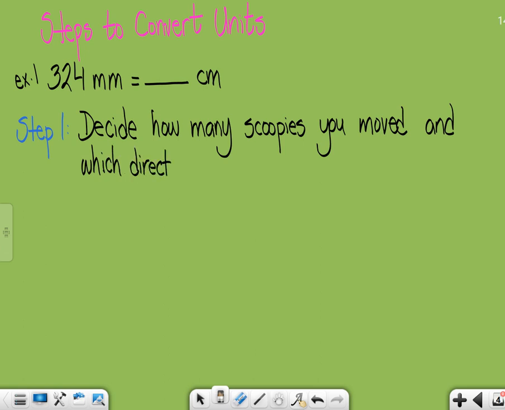So 2 things you need to determine on the ladder.